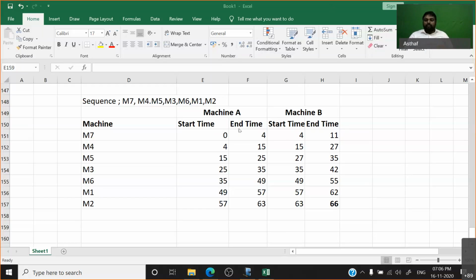See, this will come. These both are independent. This will be one. Don't get confused.